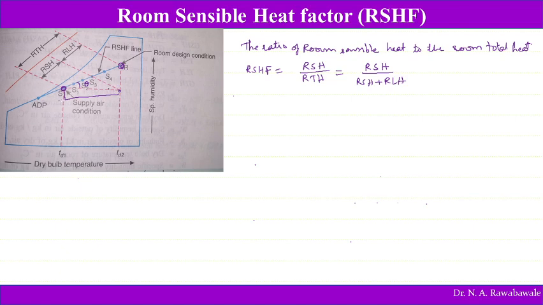If we mark points S, R, then P, say, HP minus HS is the sensible heat, and HR minus HP is the latent heat. HR means enthalpy at point R, HP is enthalpy at point P, and HS is the enthalpy at point S. So this gives us the sensible heat factor line slope.